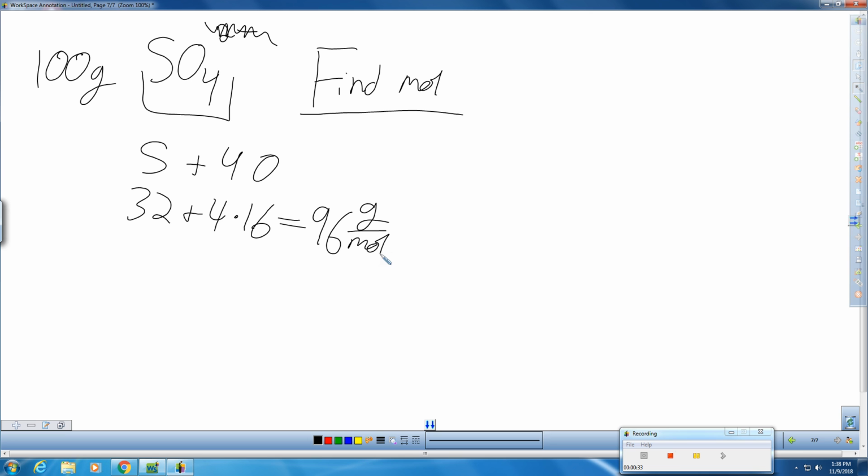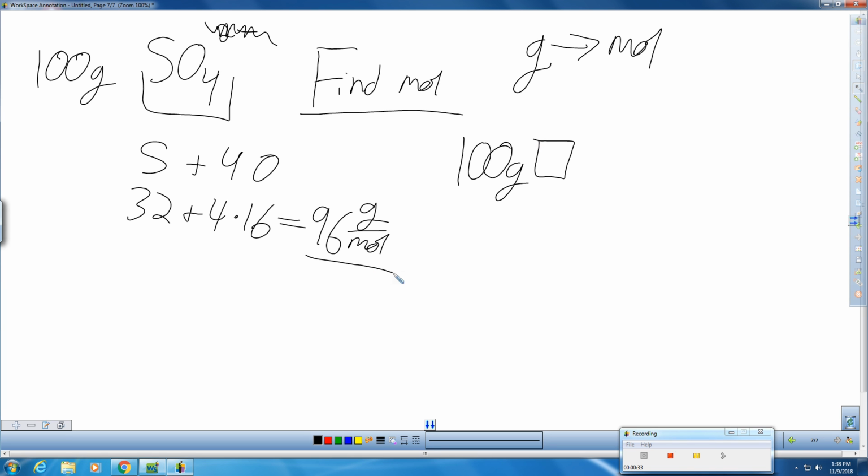Now, I want to go from what to what? From grams to moles. So I'm going to write down what I have, 100 grams. Now I'm going to leave this operator blank. What's my conversion factor? 96 grams per mole. Now, do I want to multiply or divide here to get my grams to cancel?